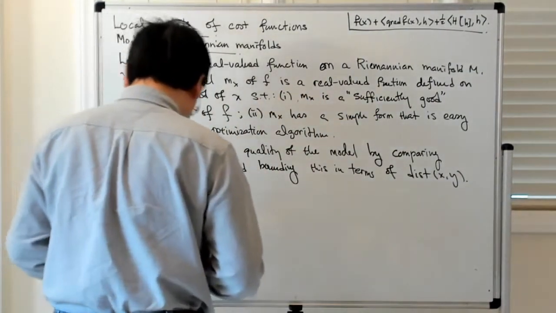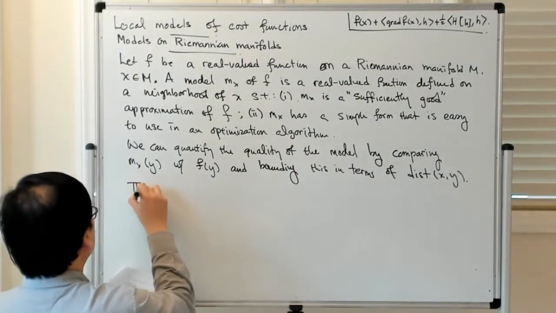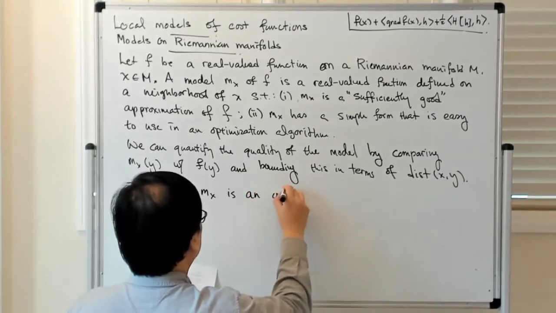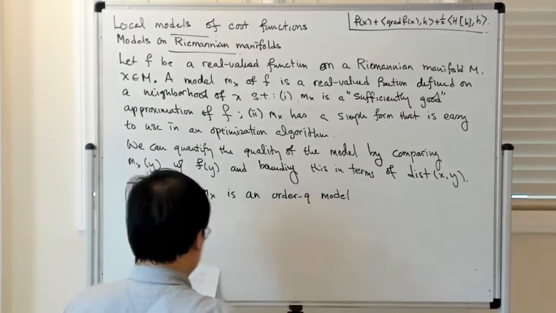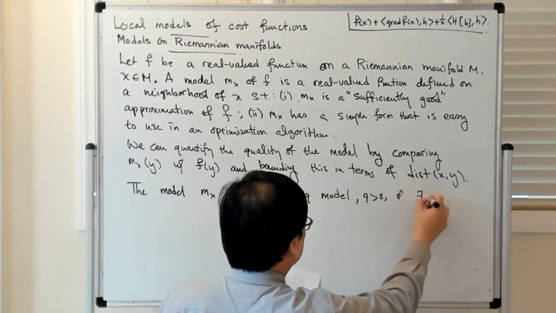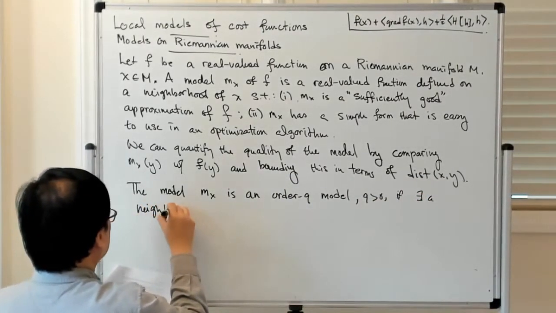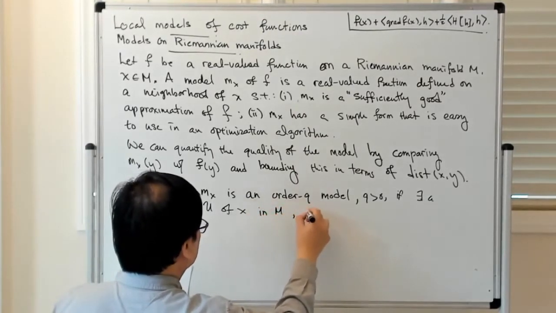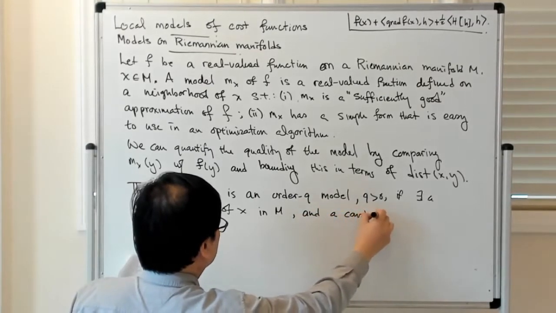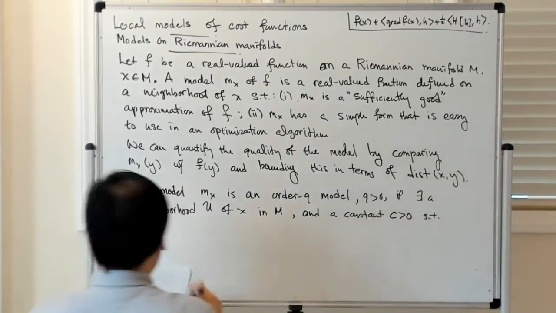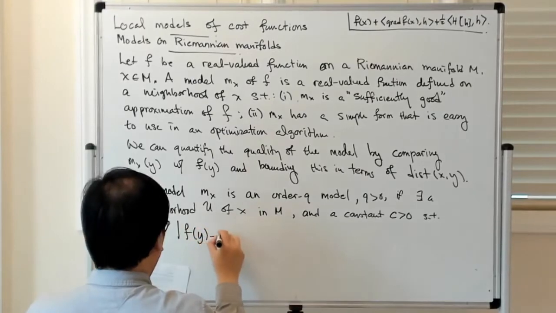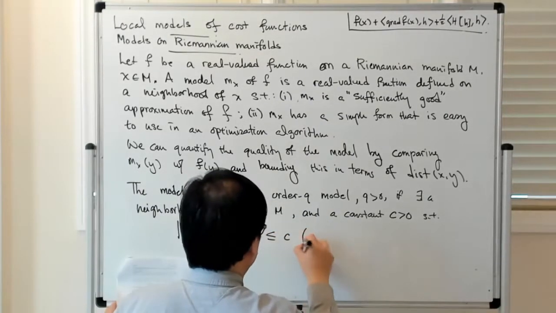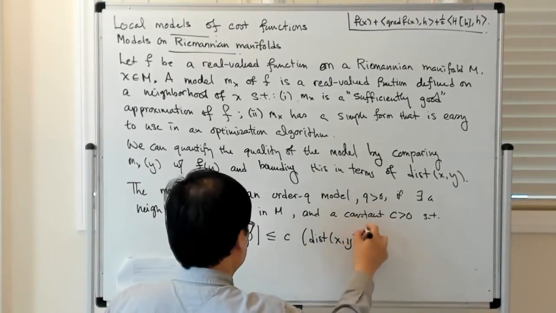Okay, so let's make this more precise. The model m_x is an order q model, q greater than 0, if there exists a neighborhood U of x in M and a constant c greater than 0 such that the difference between f at y and the model constructed at the point x but evaluated at y is less than or equal to some constant times the distance between x and y to the power q plus 1.